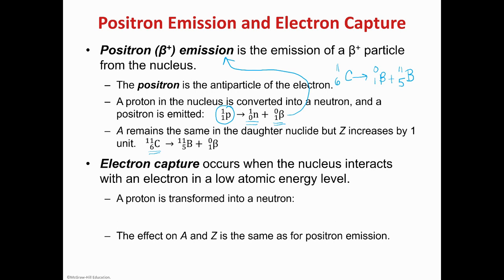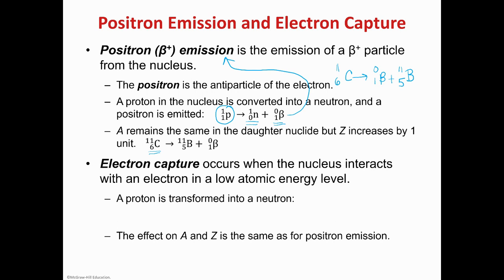And then the last one is electron capture. It occurs when the nucleus interacts with an electron in a low energy orbital. So here, this is the idea that you'd have your isotope grab an electron and then form a new atom. And it's interesting because electron capture has the same effect as positron emission.